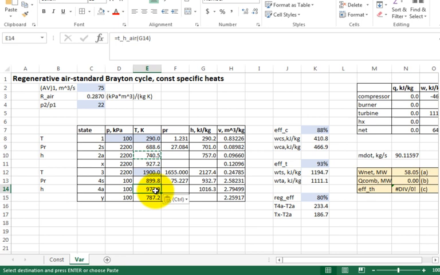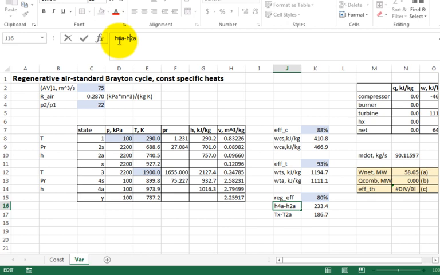All right. Now, the regenerator effectiveness is here, but instead of doing the temperatures, because we have variable specific heats, it's the enthalpies, isn't it? So I have to change this equation. I can just grab that cell, move it over to the enthalpy, grab that cell, move it over to the enthalpy.